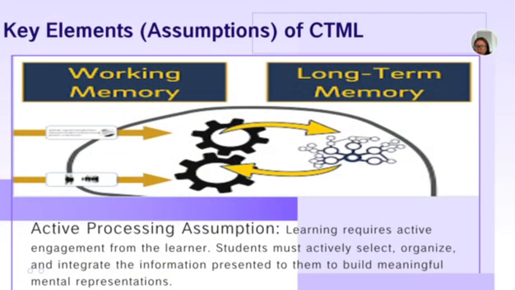Finally, the active processing hypothesis is the most critical of the three hypotheses. This hypothesis emphasizes that learning is not just a process of receiving information, but an active participation process.